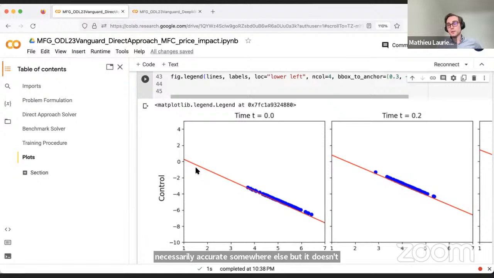The question of where you train the neural network is important, and it's good to keep it in mind. But here we train naturally on the important region, because we use Monte Carlo samples generated by the correct dynamics. So naturally, we explore the important region of space to train the neural network.